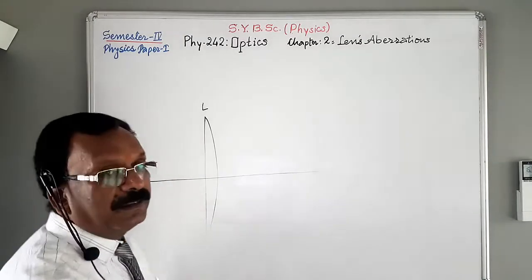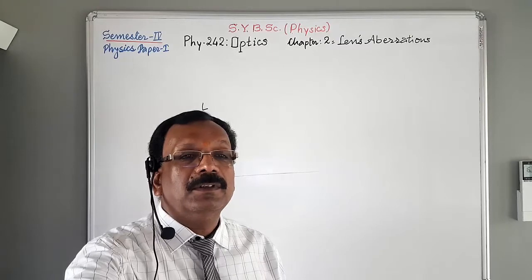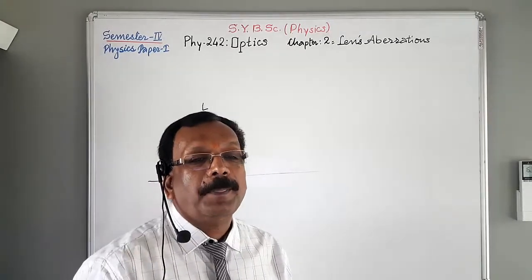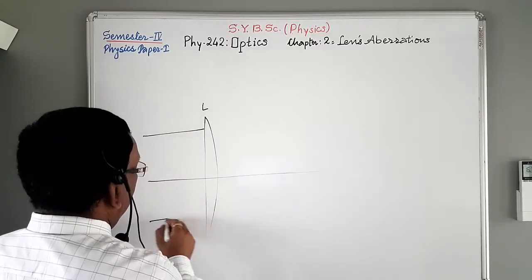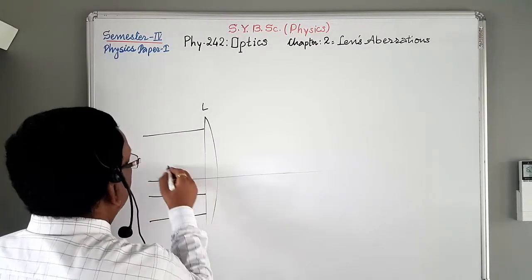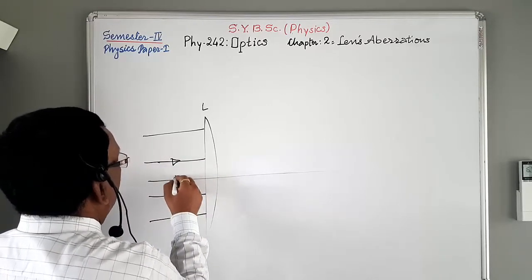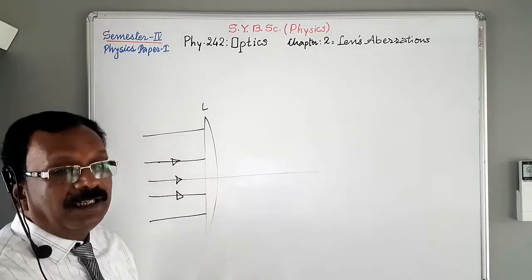In this lens, these are the marginal rays and these are the paraxial rays; we use a different type of arrow to show the difference between them. These are the paraxial rays.